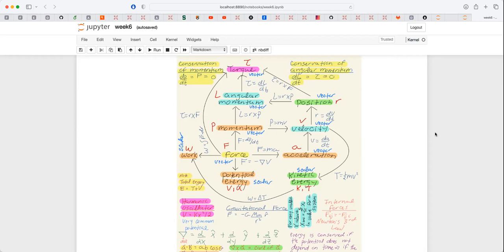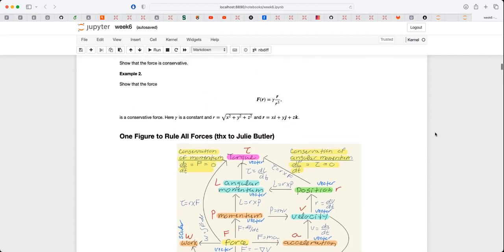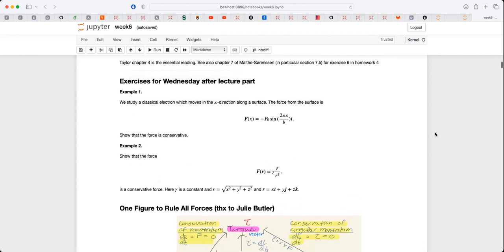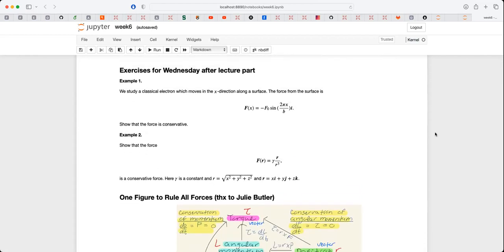So the thing which I wanted to quickly remind you about are some of these properties of conservative forces. And the exercises which we will do in class today, some of them, for some of you, may perhaps be a little bit too easy, but I just wanted to look at these two particular exercises.